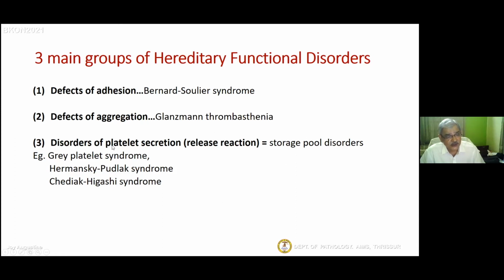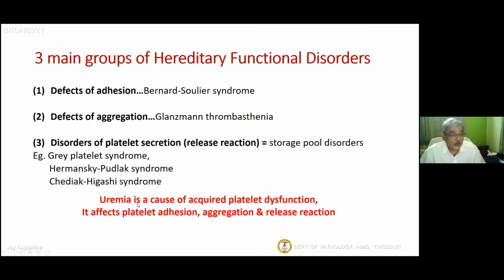This is one of the largest groups of disorders, and a good number of them are associated with other systemic manifestations and syndromes, which is why most of them are named as syndromes. Of course, one more is important, that is the Wiskott-Aldrich syndrome, which I have not mentioned here. It will come into the table which you see next.